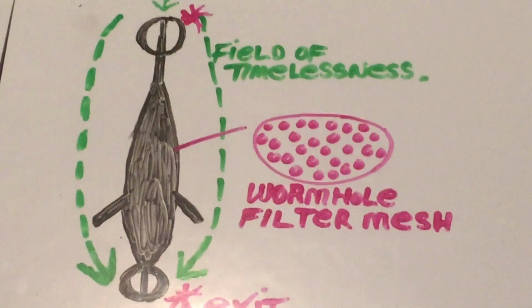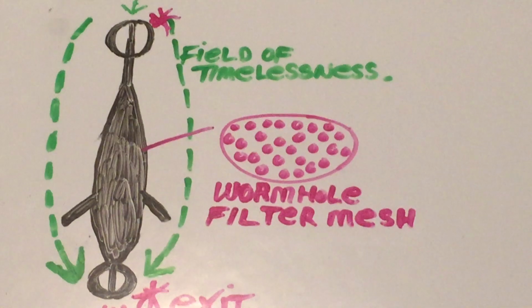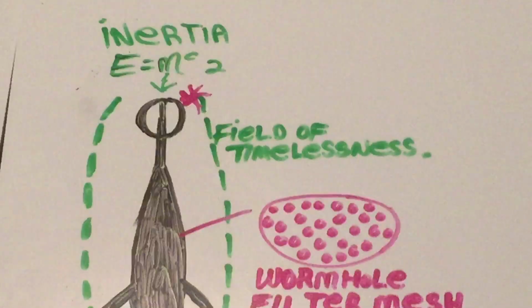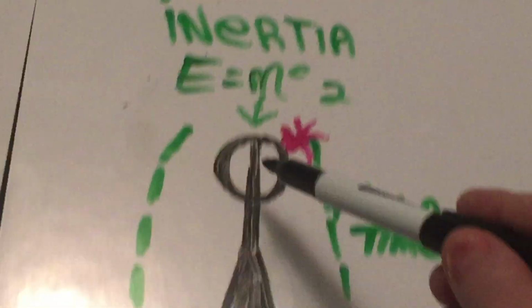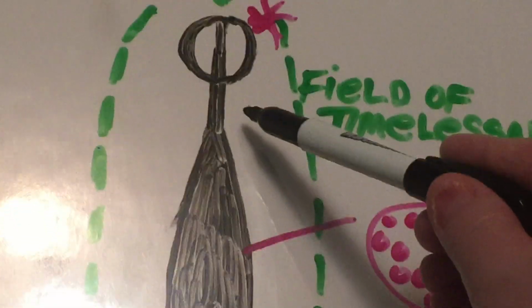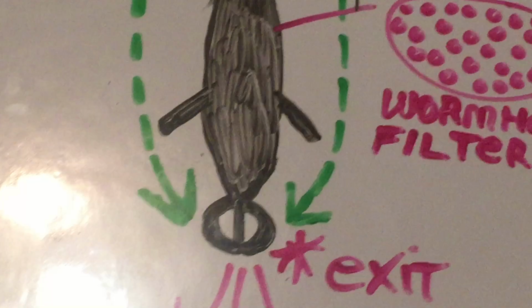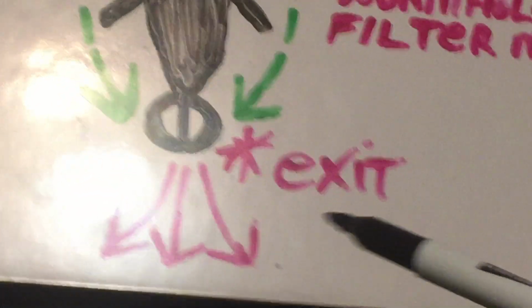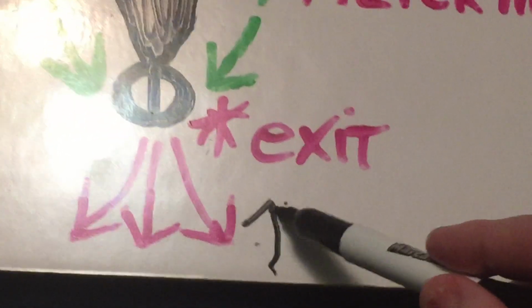There's no motion in time, but it builds near infinite mass and energy. This mass and energy is transferred from the top here, is transferred through the field and exited out the back as a form of acceleration, actually making it even faster, accelerating.